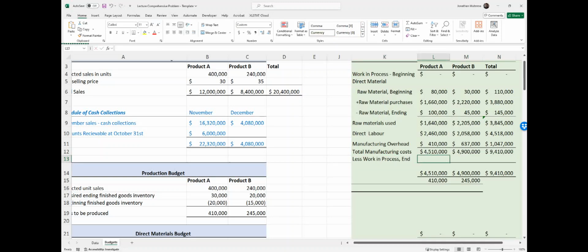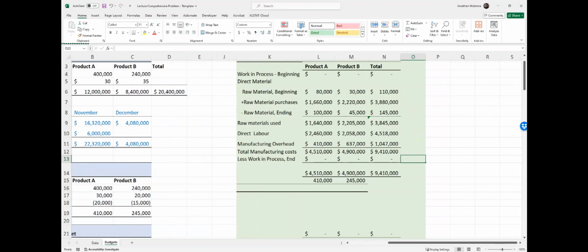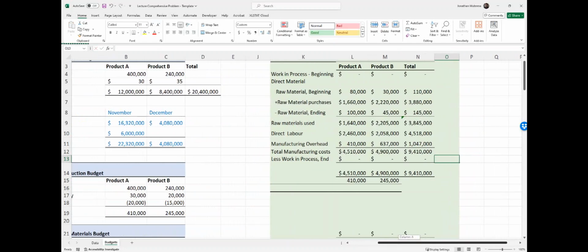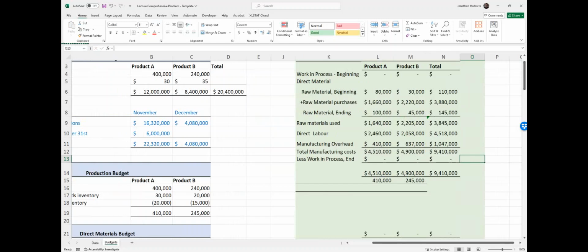In this example, we have none. We're not given any of that information. And this will give us our cost of goods manufactured.